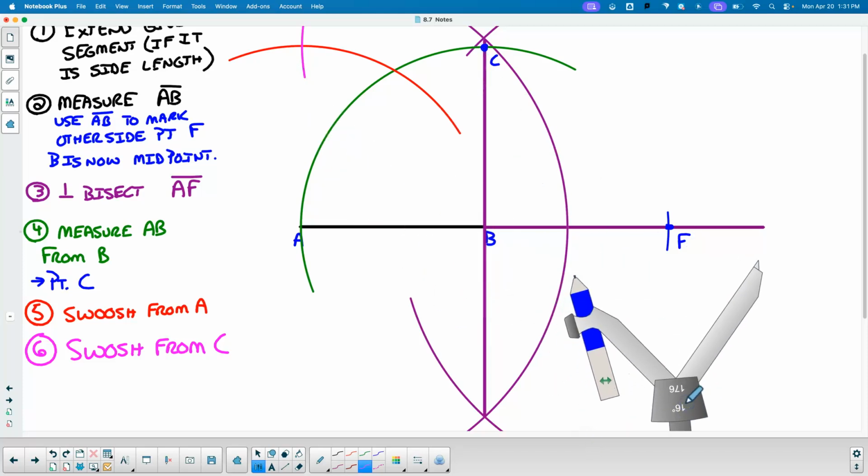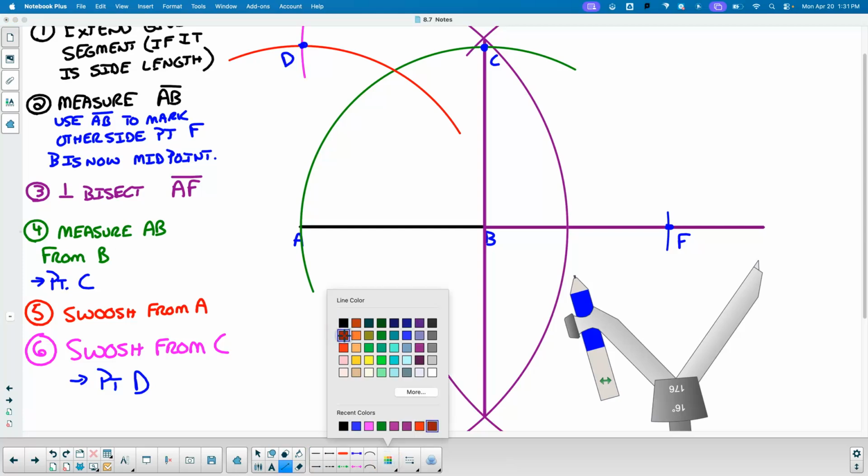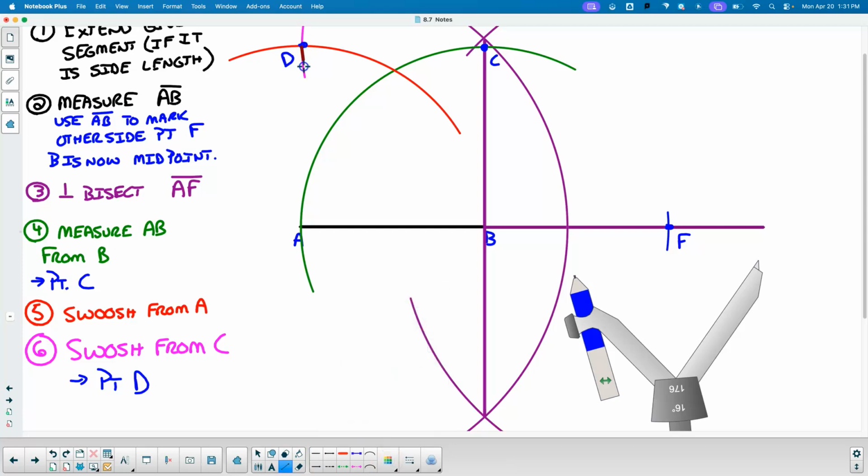And that gives you point D. And there's your square.